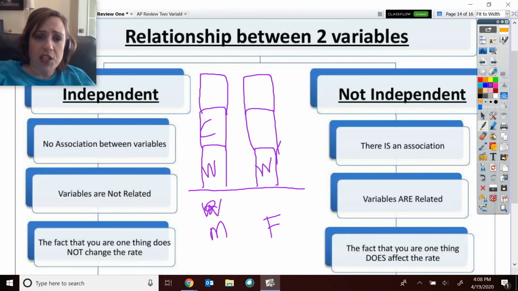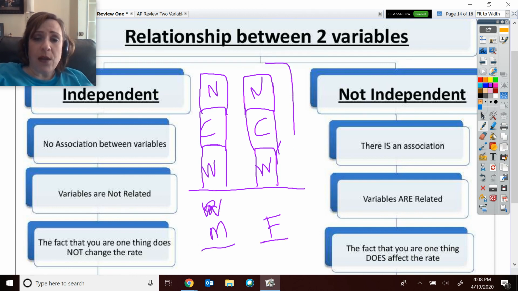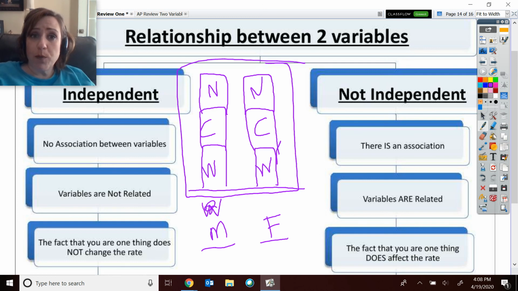Here's the people who watched for the commercials, and here's the people who did not watch at all. So this is the type of situation in this unit where we address whether the variables male and female and what they are doing with the Super Bowl are related.